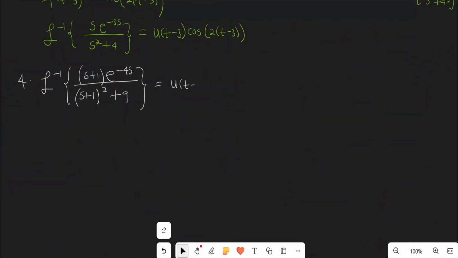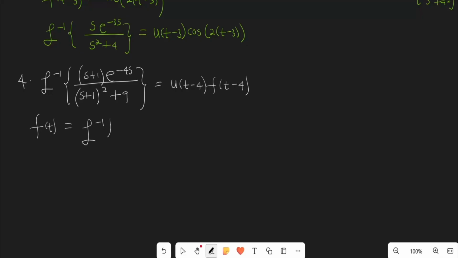There are a lot of constants here, so we have 9 and 1, but we have to know which constant to use. It's always the constant in the exponential function, so which is u of t minus 4. Then this is multiplied by f of t minus 4. So now we don't know this, we have to find f of t and then replace t with t minus 4.